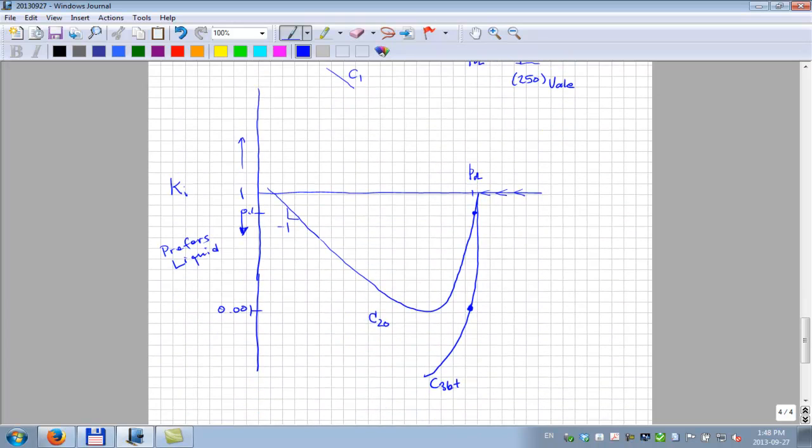C20 has a much stronger preference to be in the liquid, so more of the C20 will go into the liquid as the pressure goes down. But that only goes until this point here. At this point, if we go to lower pressures, that C20 starts saying, I want to go home to mama, back in the gas phase.